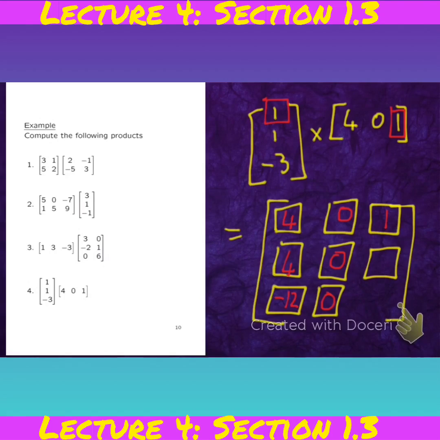Then we move on to the next entry, which is the second row of the first matrix dotted with the third column of the second matrix, which is 1 times 1, which is 1. And then the entry in the last row and the last column is the third row of the first matrix dotted with the third column of the second matrix.